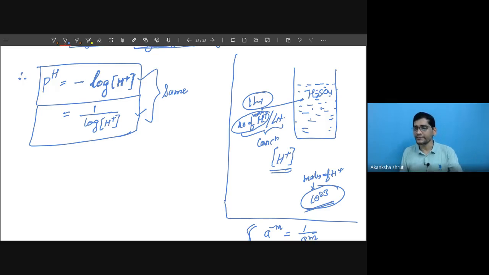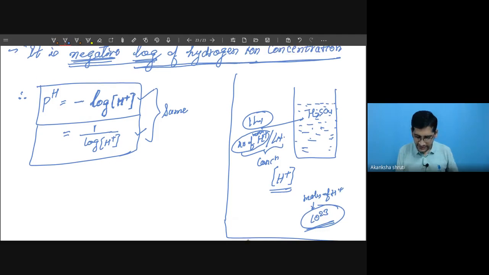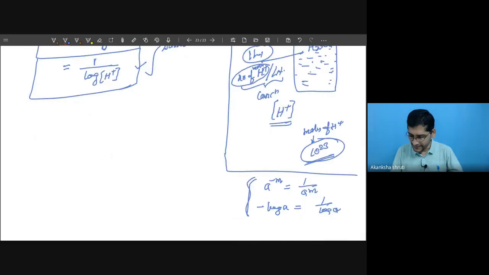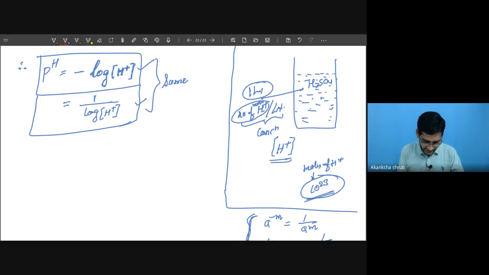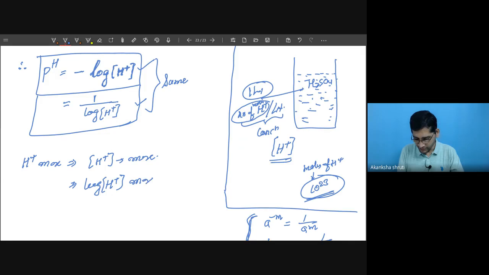From the first, a student may get confused that if H plus ion is more, then pH should be more. No students, it is the negative logarithm. Negative logarithm means H plus ion concentration will now come in the denominator. So now, if H plus is more in a given volume, the concentration will be more.